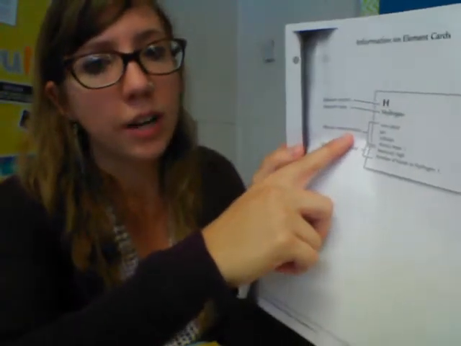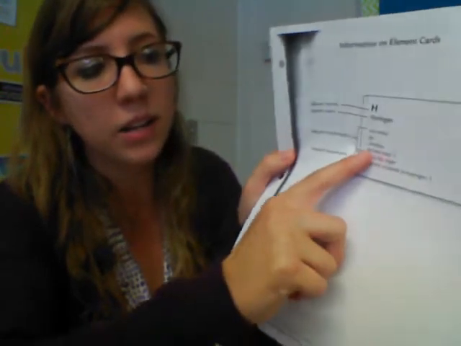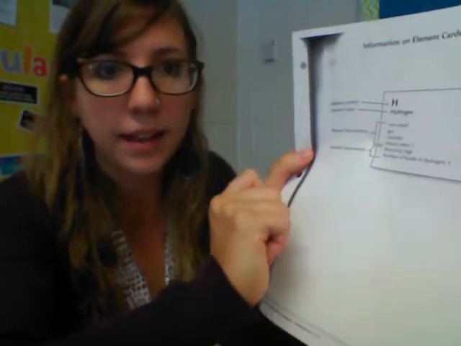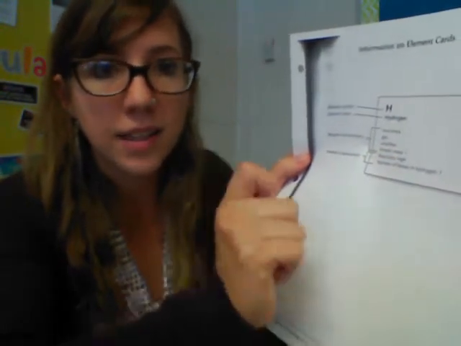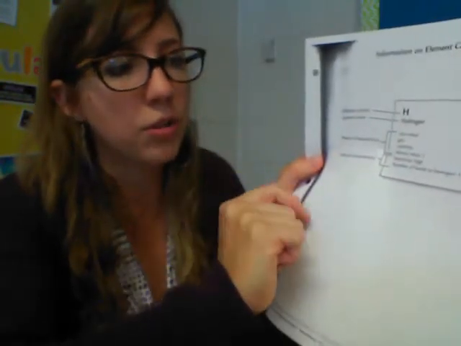It'll give some physical characteristics, like it's a nonmetal, it's a gas, it's colorless, and it'll even tell you its atomic mass. I did talk about that in the lecture video, so you should have some idea of what that means. It's the size of the single atom of this particular element, hydrogen.